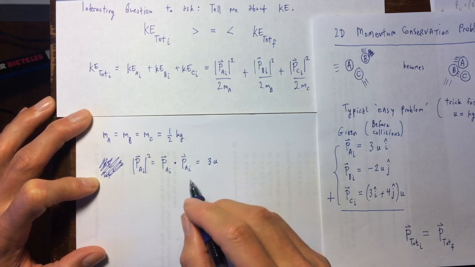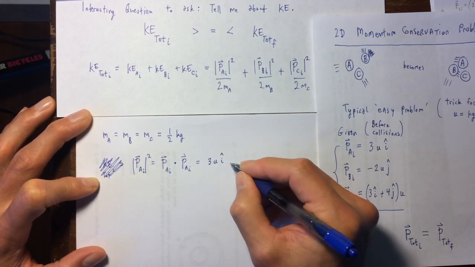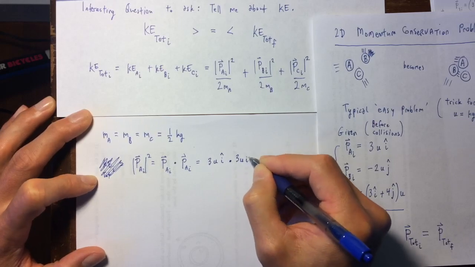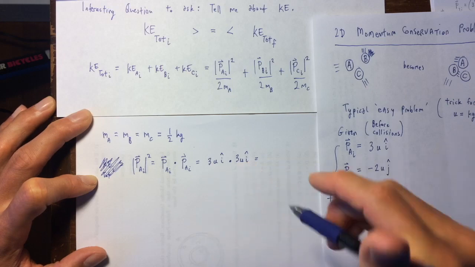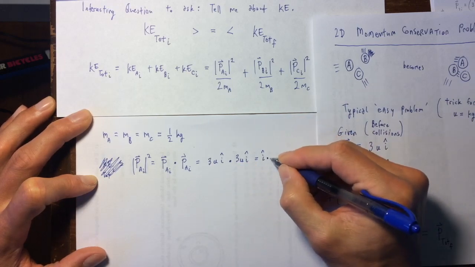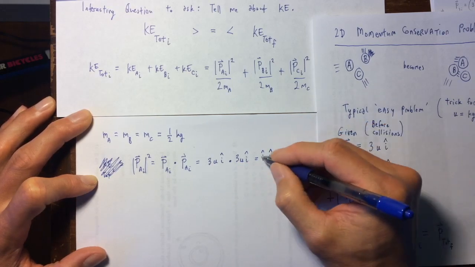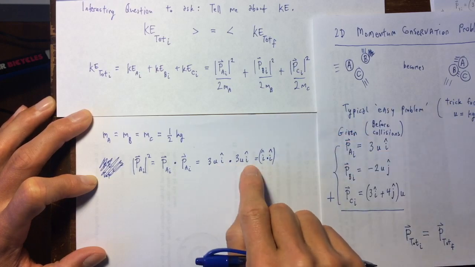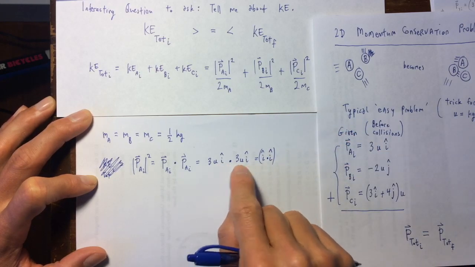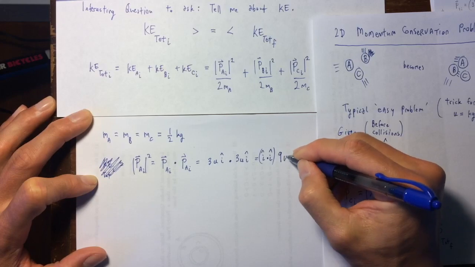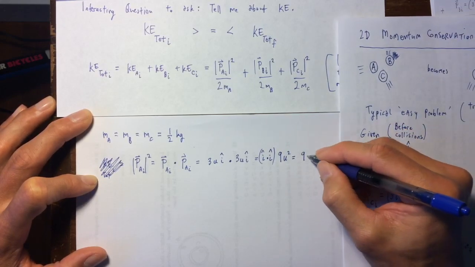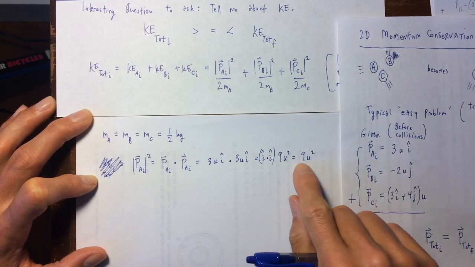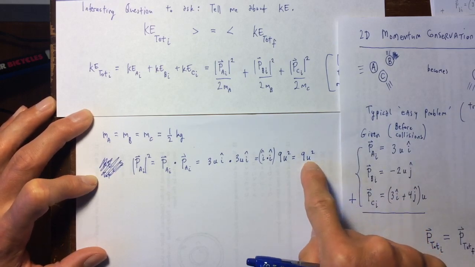So 3 units, special units, i hat, dotted with the very same vector again. So i hat dot i hat is 1. So that's i hat dot i hat, and then 3u times 3u is 9u squared, and this is equal to 9u squared. 9 kilograms squared, meters squared per second squared.